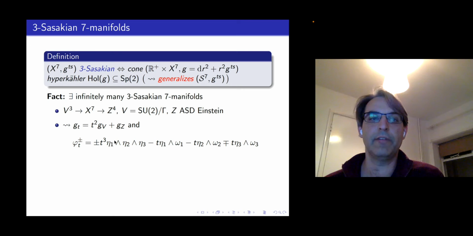We can choose a left invariant coframe, eta1, eta2, eta3 on V. We can choose self-dual 2 forms, which are orthogonal to each other and all the same length on Z, and then define our phi t plus and minus, which induces the metrics, which we can call gt, which are just t squared times the metric on V, plus the metric on Z. So here, this is just the left invariant metric, or bi-invariant metric, in fact, on SU2 mod gamma.